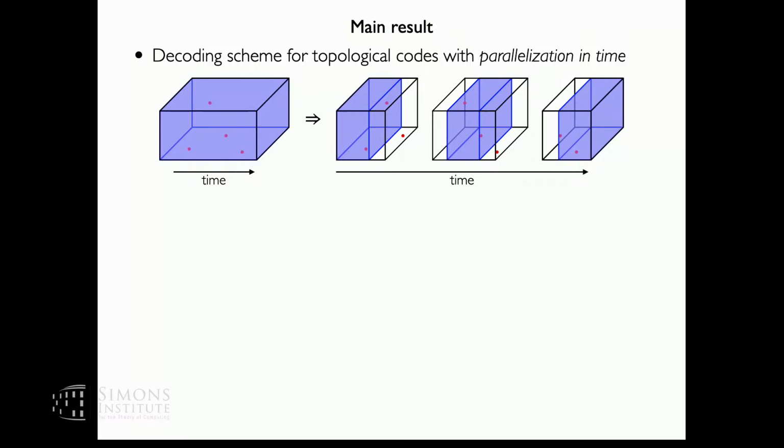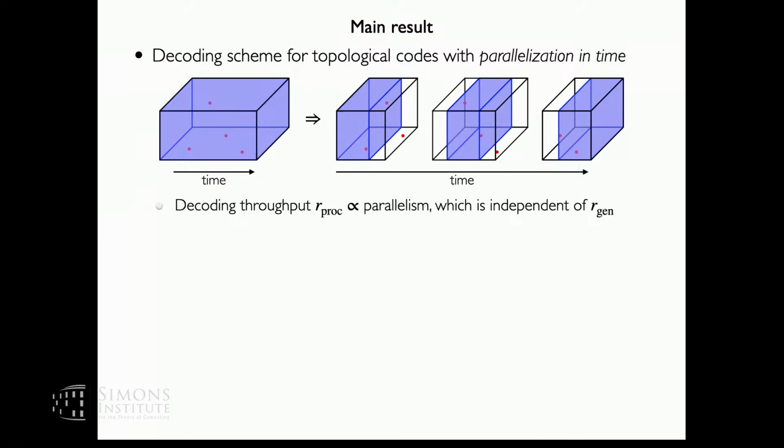We have some red defects that are observed; these are essentially the input to the program. What we do is divide the entire decoder graph into three blue areas, and extend them into some buffer regions. The catch is that each of these block subgraphs can be handled in parallel, and there will be a way to merge the results back together.